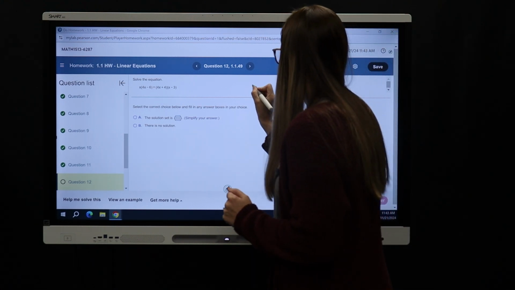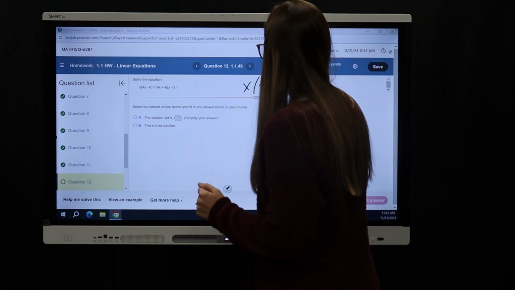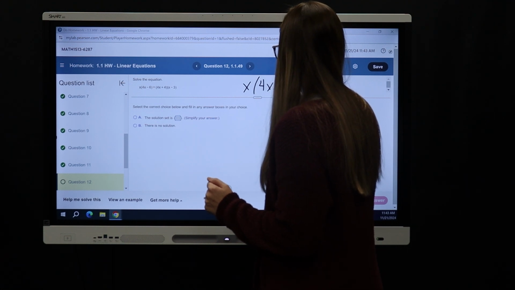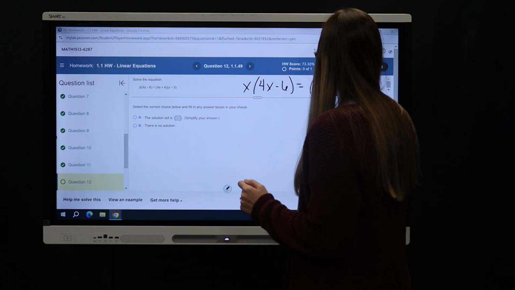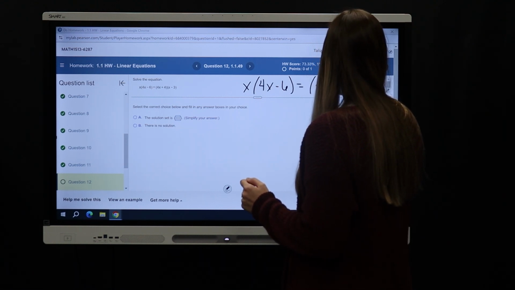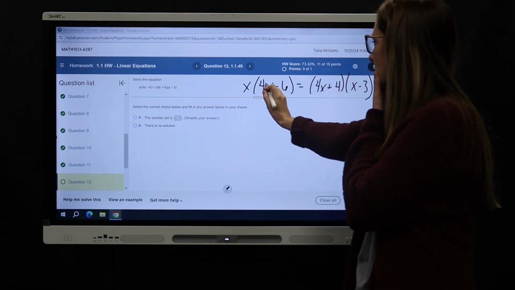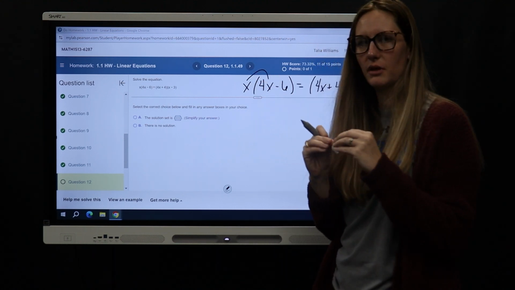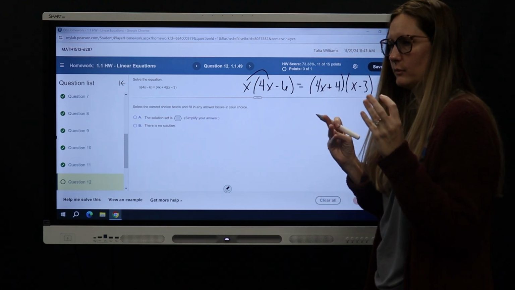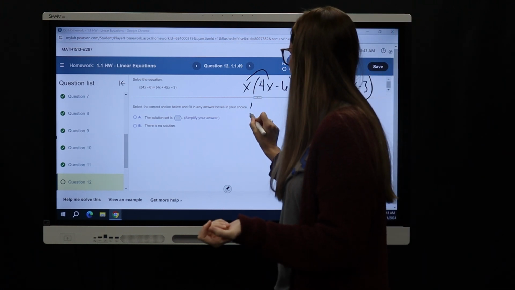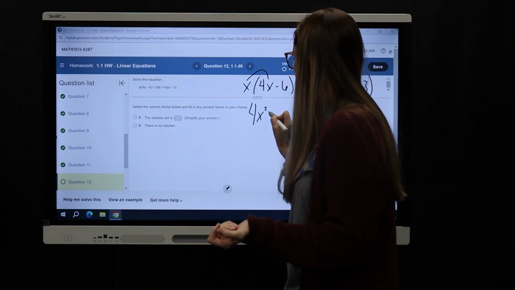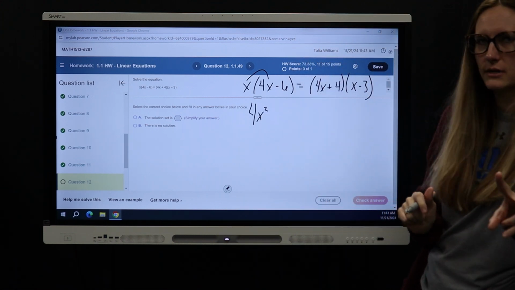Lots of x's. Okay, so I have x times 4x minus 6 equals 4x plus 4 times x minus 3. Okay, so x times 4x first. Whenever you're multiplying x's, you now have two x's, right? So how we write this is going to be 4x squared, because that means there's two of those x's.